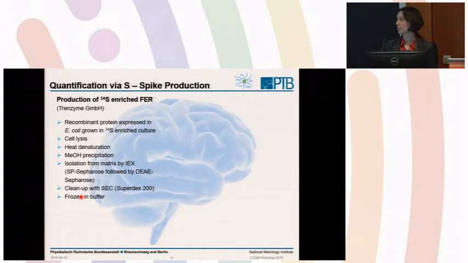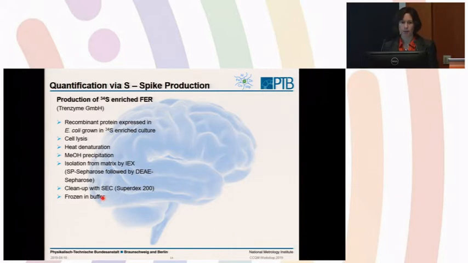The other approach, as I said, was using the sulfur. That's what we tried to do at PTB. We were not able to produce it ourselves, so we bought it from Trenzyme. They used a recombinant protein system with E. coli, where they produced the ferritin in an S34 enriched culture.